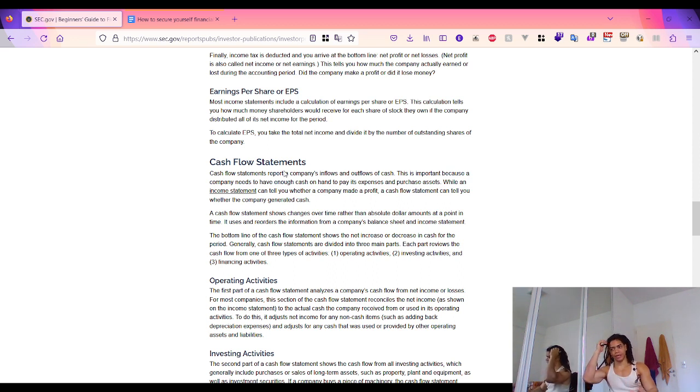I'm not going to deep dive into that, but it's important to know that there is a particular way of calculating it. Also, it adjusts any cash that was used or provided in other operating assets and liabilities. So, what are the other operating assets or liabilities?